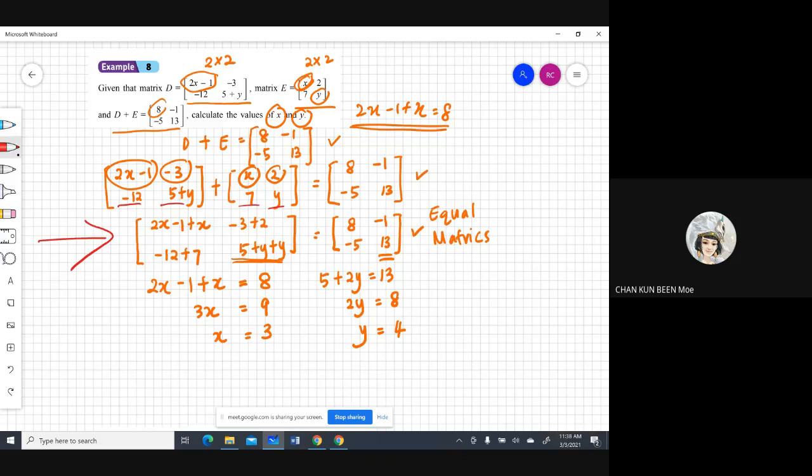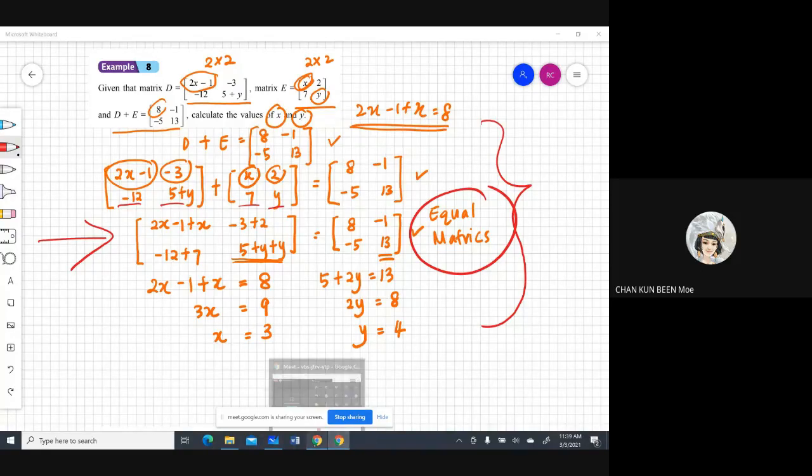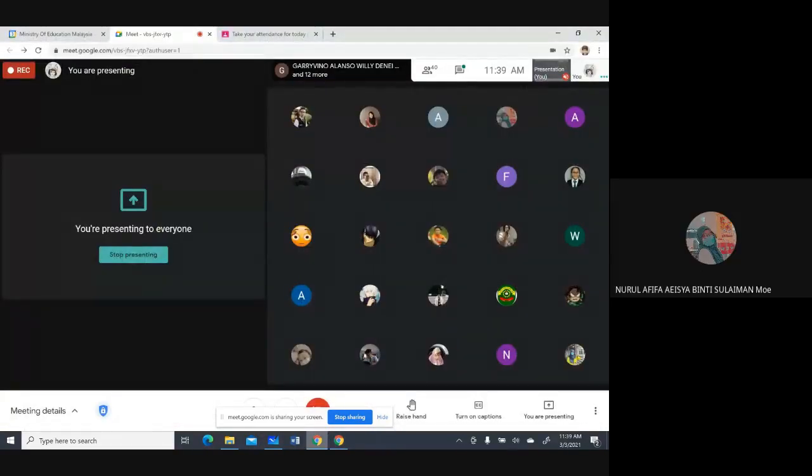When it comes to paper 2, you have to solve by showing all the working systematically and step by step to get the answer. Okay, so that is about equal matrices and also addition and subtraction of matrices. So that's all for today. Any question? No question, madam.